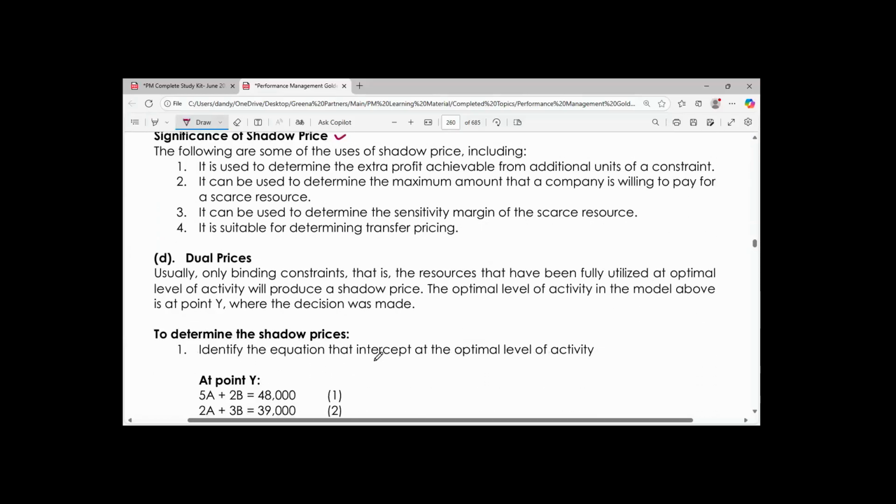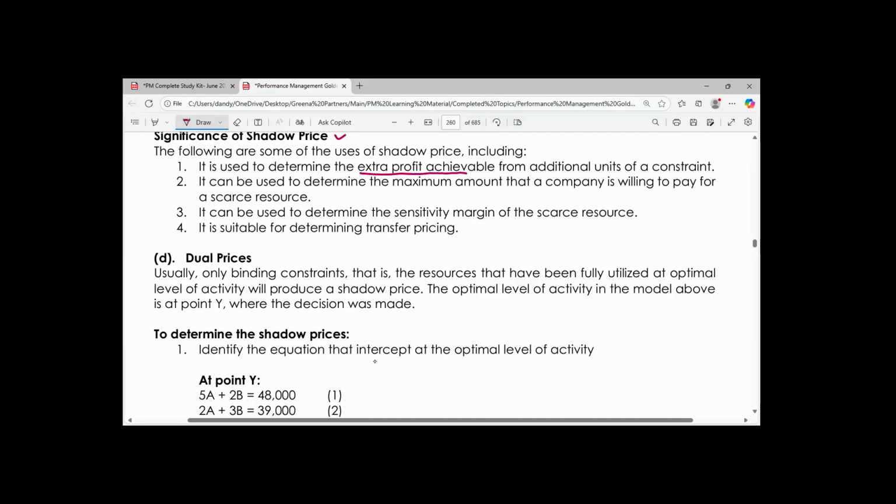Then what is the significance of shadow price? The following are some of the uses or significance of dual prices. One, it is used to determine the extra profit derivable or achievable from the additional unit of a constraint. Two, it can be used to determine the maximum amount that a company is willing and ready to pay for its scarce resources.